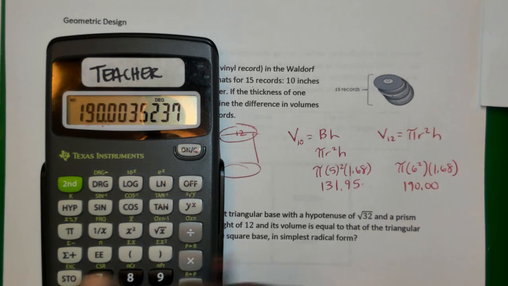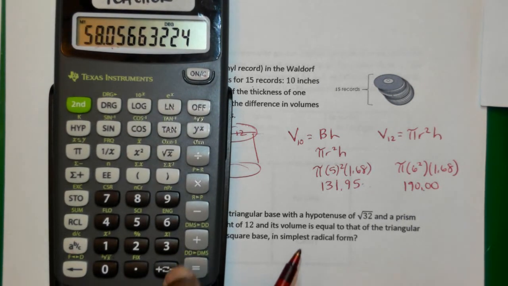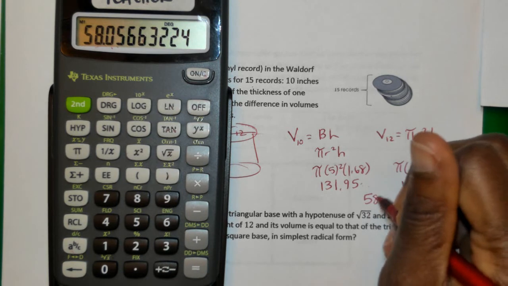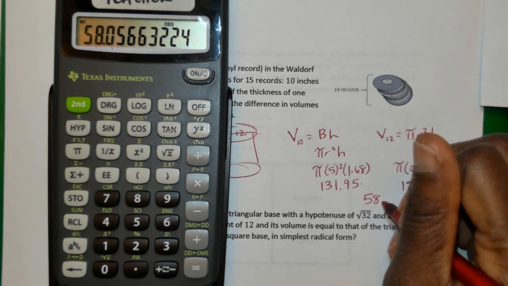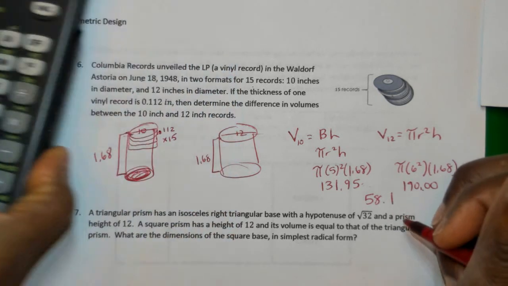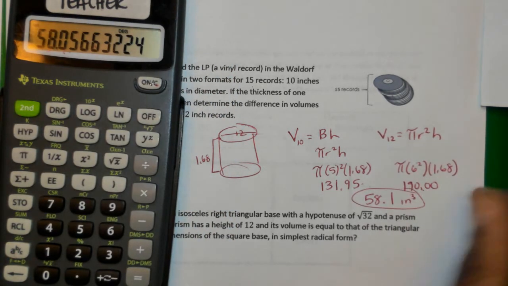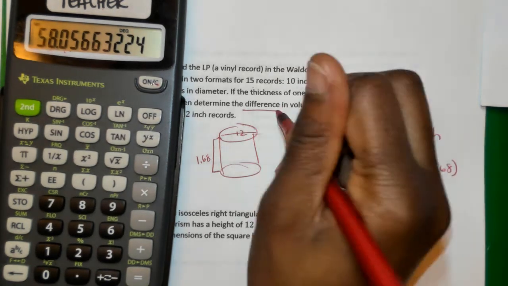So I'm going to do the larger one minus, and then I'll recall what was in spot 1, equals, so it's about 58.06 inches cubed is the difference. So you subtract them because they want to know the difference.